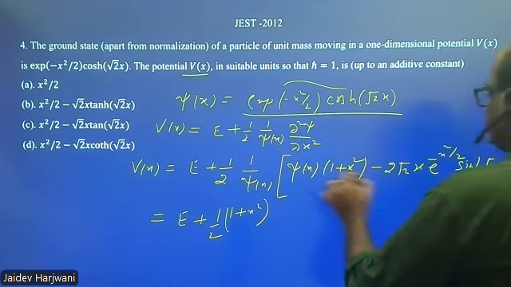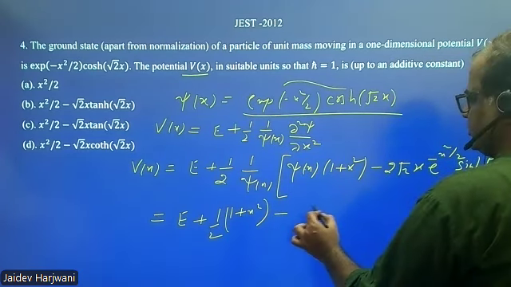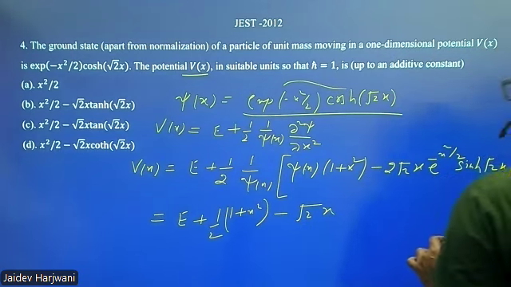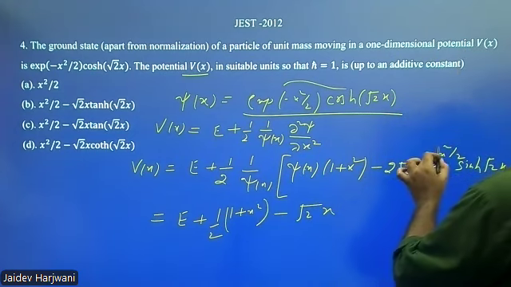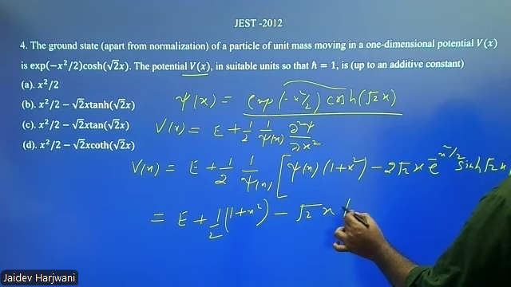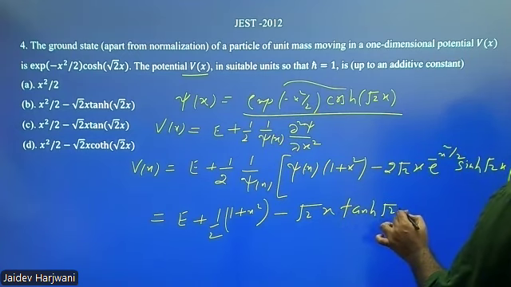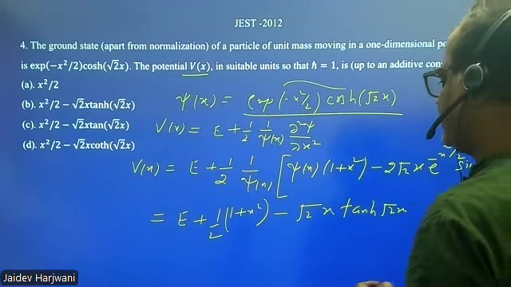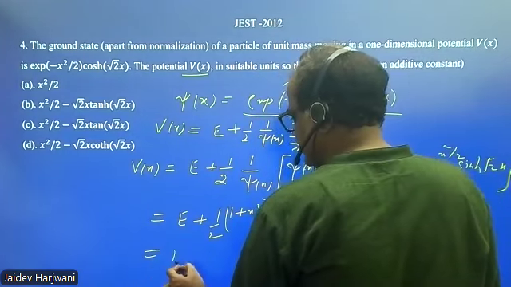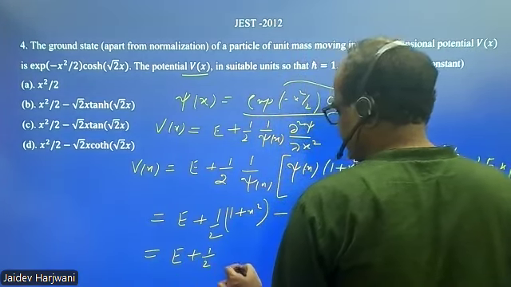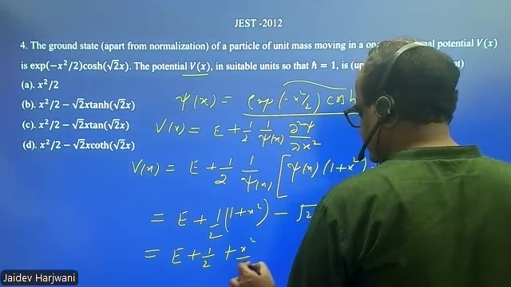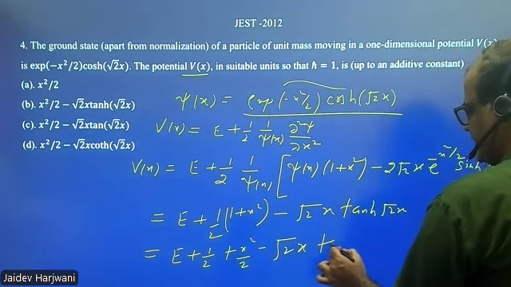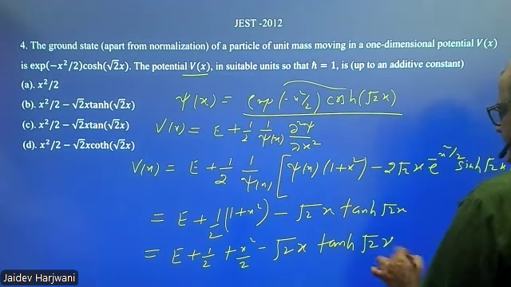And here this 2 cancels, so you'll have minus root 2 x also, and if I put the psi value, this term will cancel, and this will become tan hyperbolic root 2x. So this is my V x. Now let me solve it further. This gives me E plus half plus x square by 2 minus root 2 x tan hyperbolic root 2x.